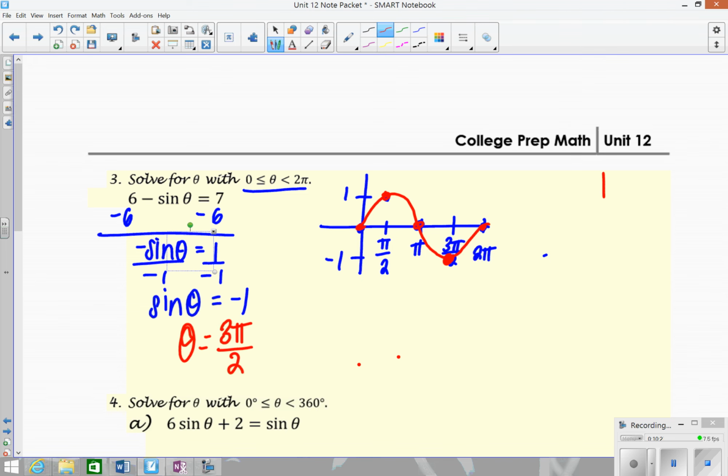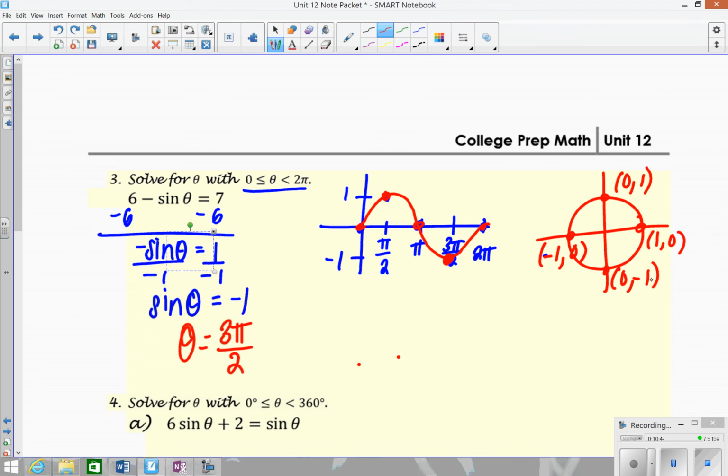Another way to look at this is using your unit circle. So remember your points here, we have 1, 0, 0, 1, -1, 0, and 0, -1. And it's always cosine theta, comma, sine theta.